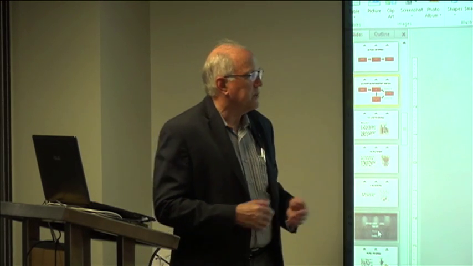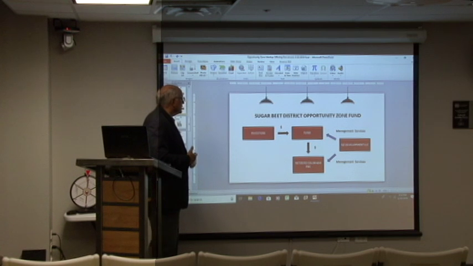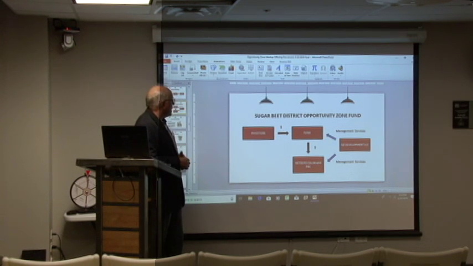So one of the examples we've used here is the project I'm involved with, the Sugar Beet District. And in this case, we're going to be pitching to investors. This will be a sale of securities. We're looking at a 506(c) type of offering, which is an offering you make that's restricted to qualified accredited investors who have demonstrated that they meet that wealth status.